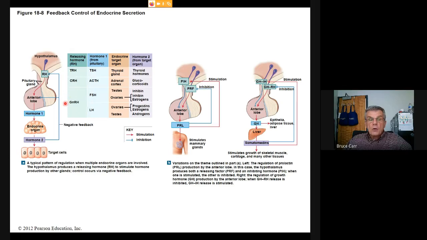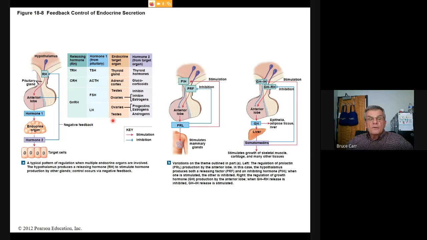Down here, we have a more complex one affecting our sexual differentiation. The hypothalamus is the producer of gonadotropic releasing hormone, which causes follicle-stimulating hormone and luteinizing hormone to be released from the pituitary. Now, the relative concentrations of these and the timing of their release will target the different organs.